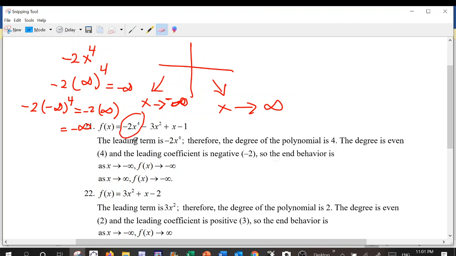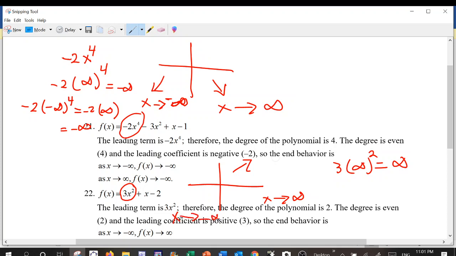Okay? And 22, well, again, this is the leading term. We're going to look at that only, right? When x goes to positive infinity, we get 3 times positive infinity squared, which is positive infinity. So it behaves like this. And on the left, when x approaches negative infinity, we have 3 times negative infinity squared.